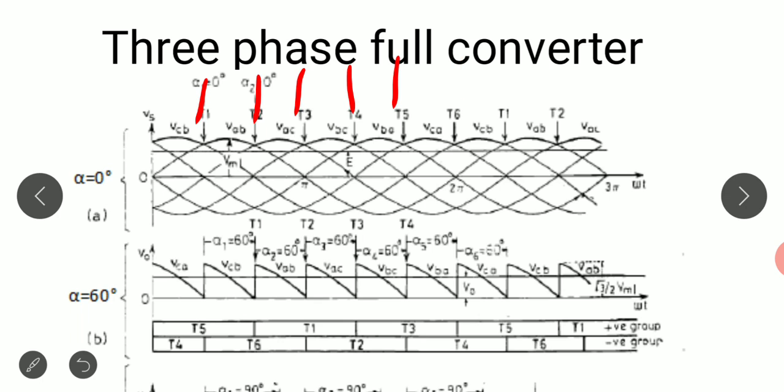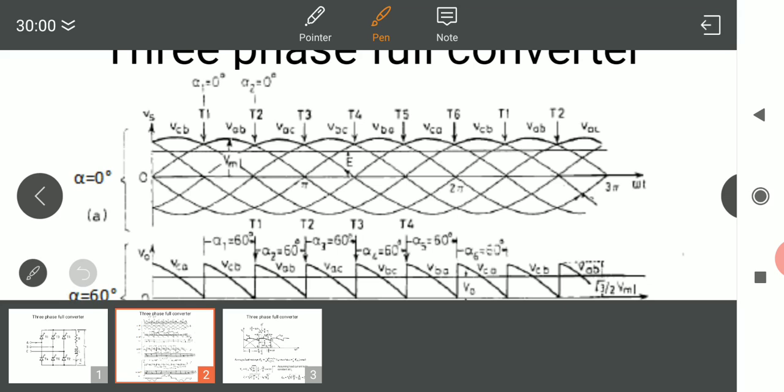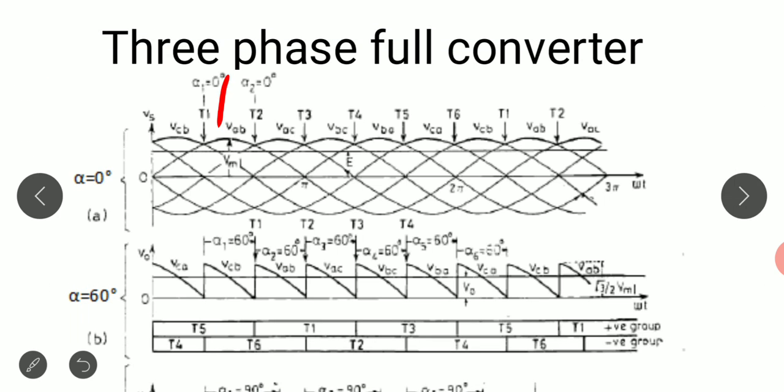So this becomes a sequential firing of 6 thyristors. First T1 will get triggered, then after 60 degree T2 will be triggered, then after 60 degree T3 will be triggered, and so on. Okay, if T1 is triggered at an angle alpha degree, then still it will conduct for 120 degrees.